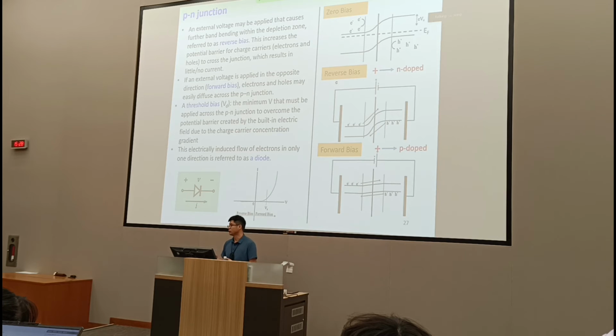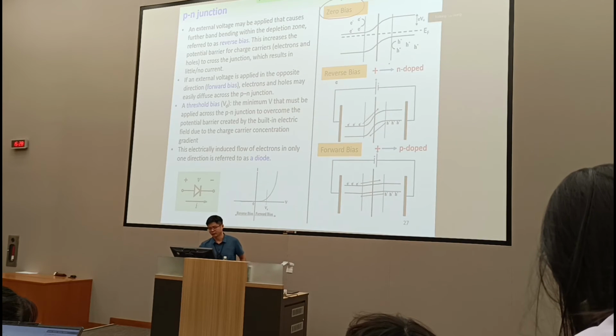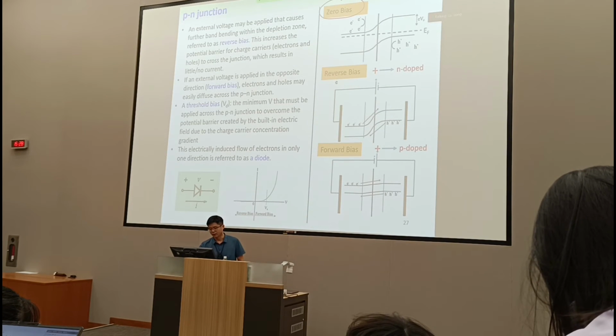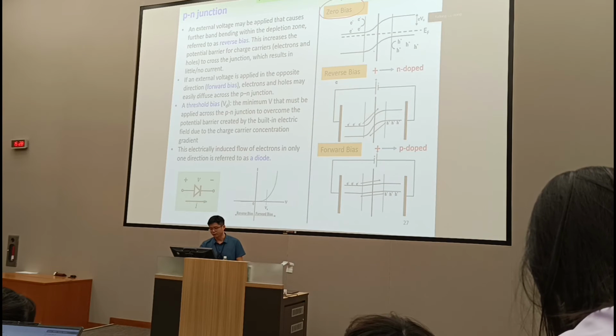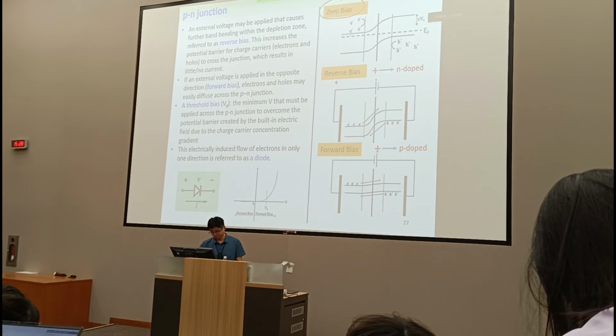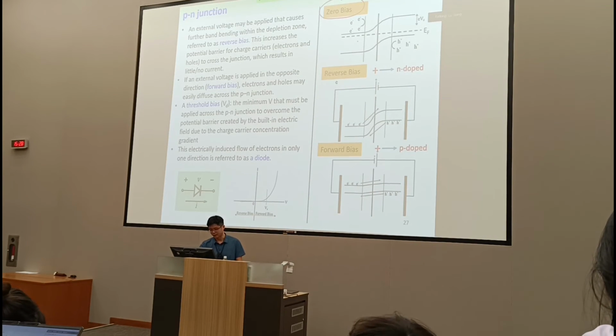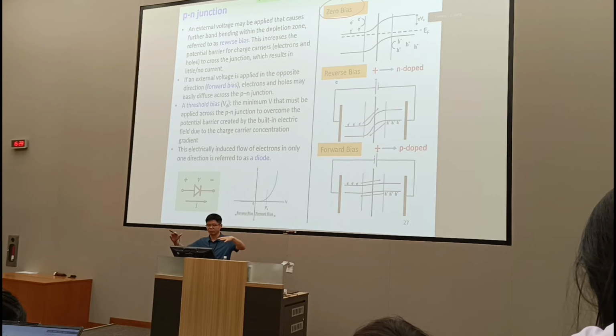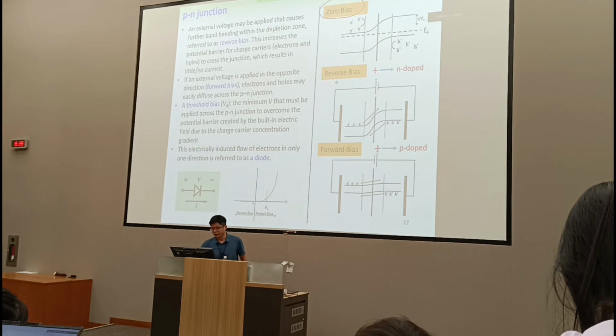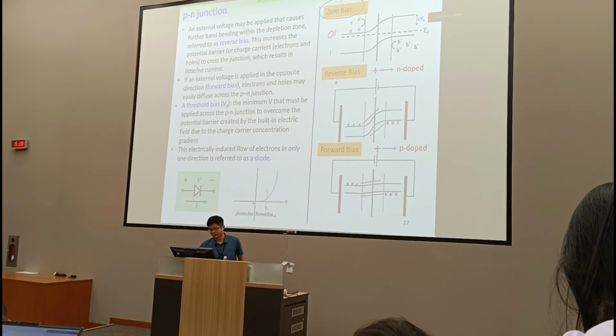Then the situation changes when you apply an external electric field, right? This is the zero bias case, right? You have this energy diagram when you align the contact of p- and n-type. This is the Fermi level. As long as you make two materials contact, the Fermi level will be aligned. This is the equilibrium. Then you have the conduction band and valence band, right?